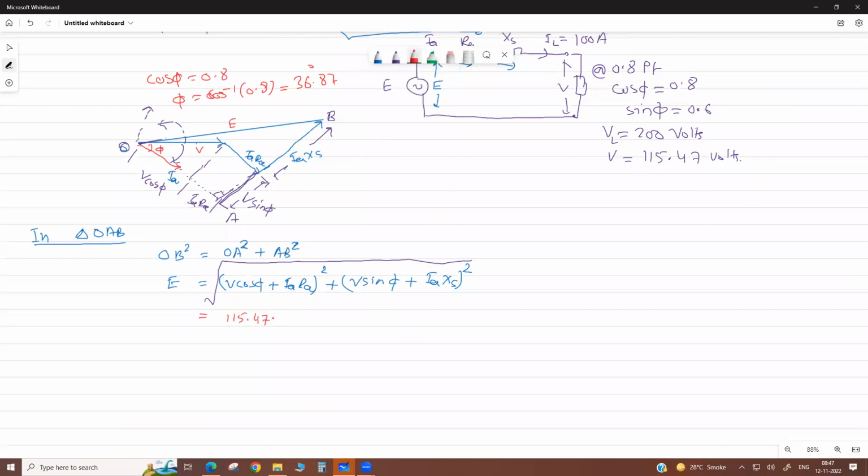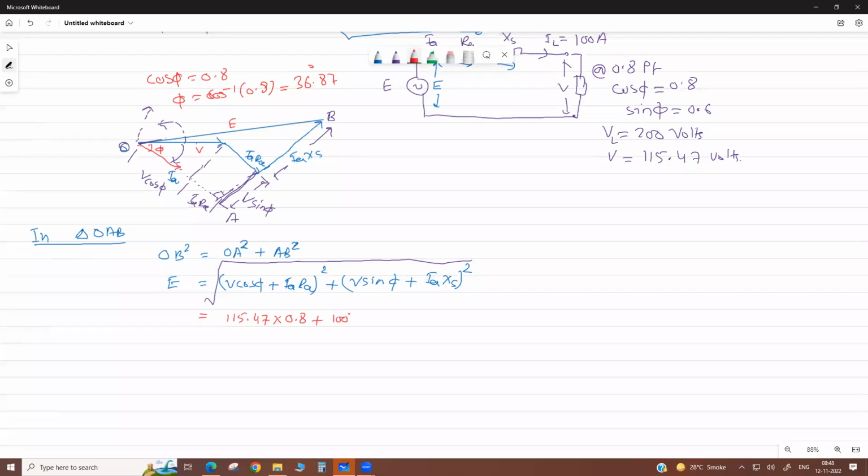115.47 into cos phi, which is 0.8, plus IaRa. What is the current? Take the load current, my dear, 100 ampere, and it is per phase.